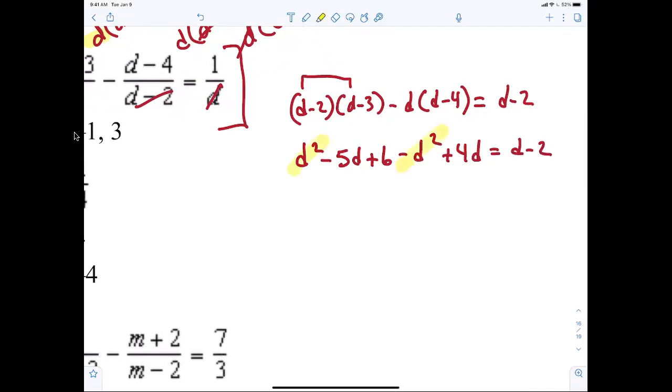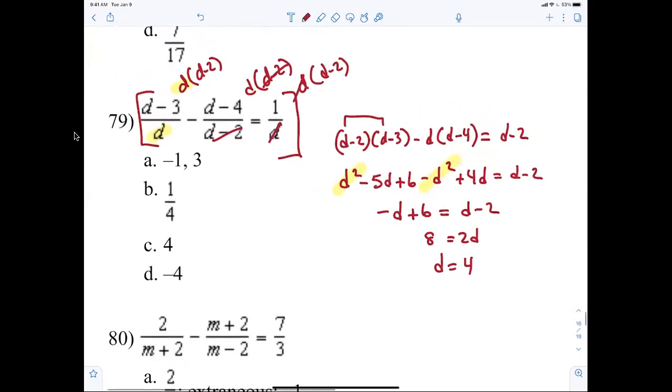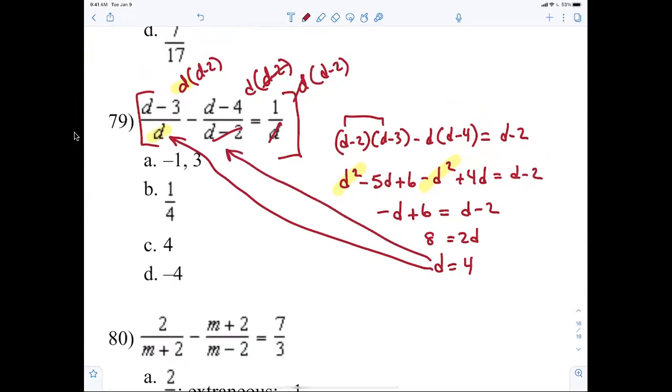The d squareds cancel. Negative d plus 6 equals d minus 2. 2d equals 8. D equals 4. Is that an extraneous solution? No, it is not.